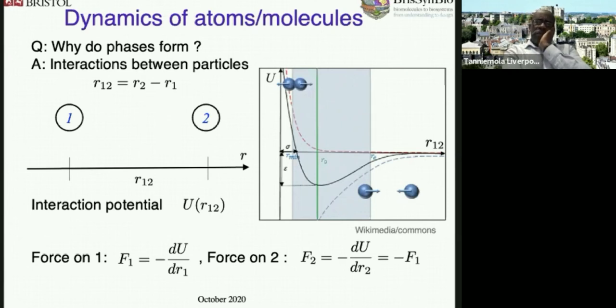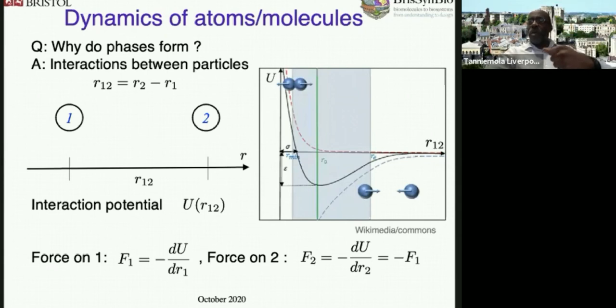The interaction between particles has some generic features. When two particles come very close together, they apply repulsive forces on each other. And when they are far apart, they don't affect each other. When they're very far apart, they don't know about each other. That's always true. The reason why they repel each other when they're very close is due to Pauli's exclusion principle of quantum mechanics, which says that you can't put stuff in the same place.